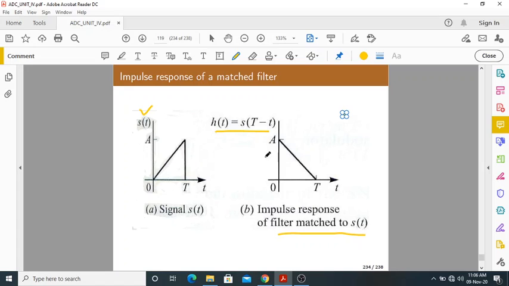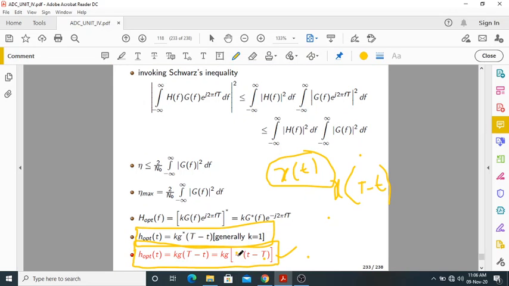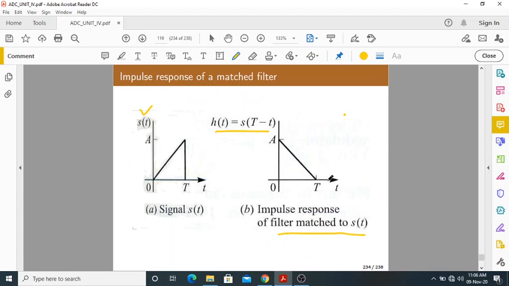Now what will happen? Can you guess? First of all, what do we do? If you are okay with the concepts, you can write directly. Otherwise, you do two operations. First, do time reversal. Second, after time reversal, you take a time shifting towards the right side by T. Let me write here. You take the time reversal of this.